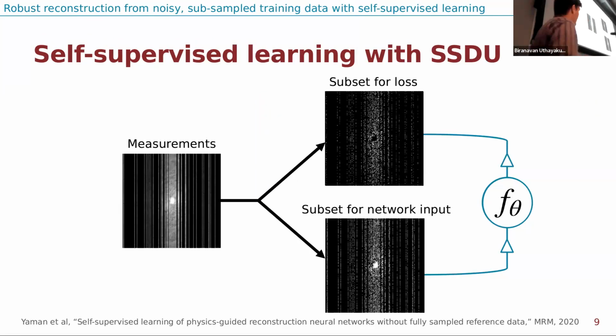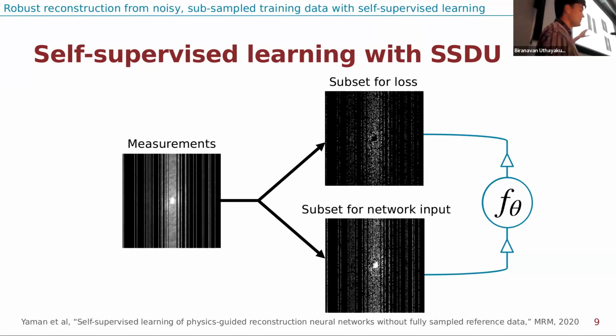So a common way to do this is by some authors, Yaman et al. from 2020. And this method is called self-supervised learning via data undersampling. The way that SSDU works is that we take our subsampled measurements and then we partition our measurements into two. By partition, I mean that everything in the measurements either goes into the top subset or the bottom subset, but not both.